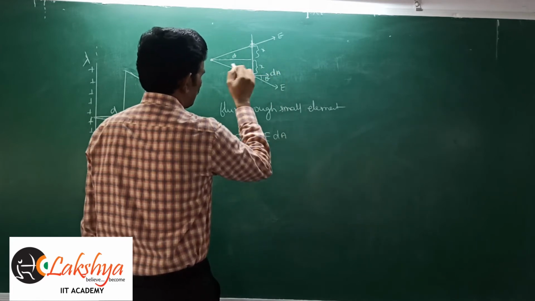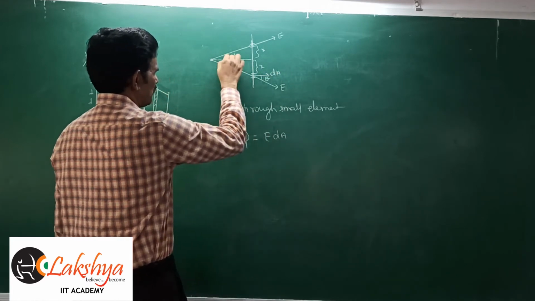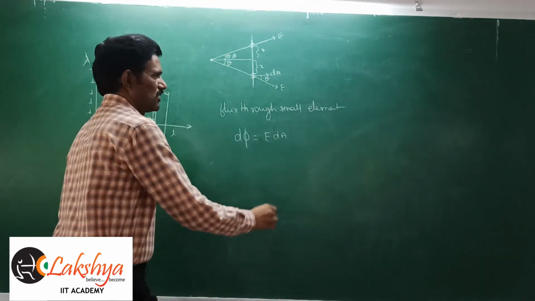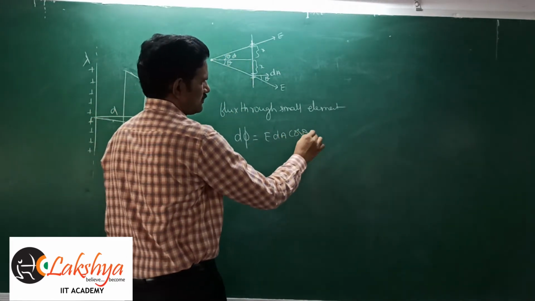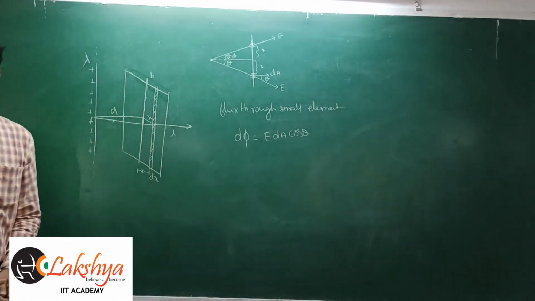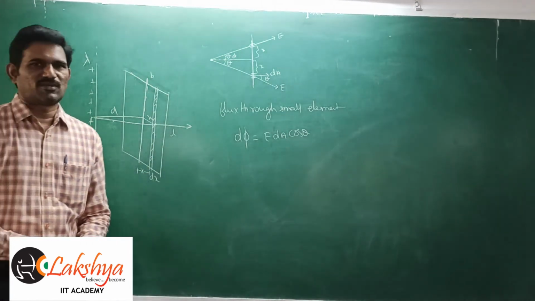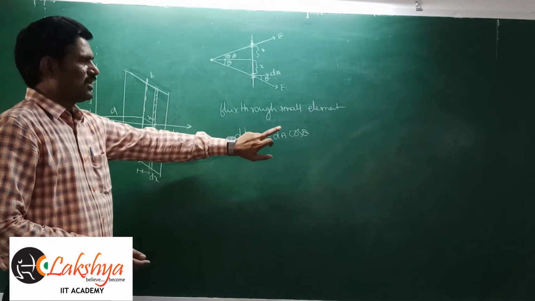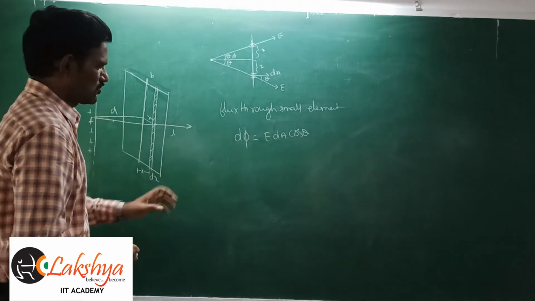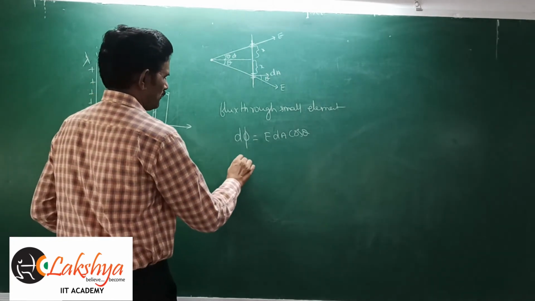I am taking this angle as theta, so this angle will also be theta, right? So then dA cos theta. Here theta is also variable. In the previous problem only the field was variable but theta was constant. Here E is variable as well as theta is variable. So let us substitute those values now.